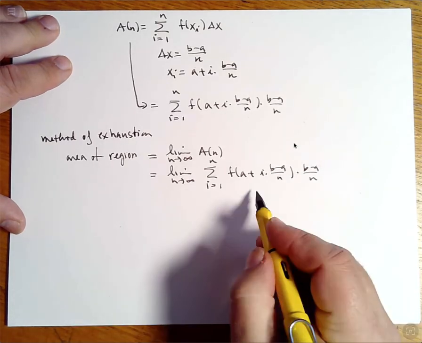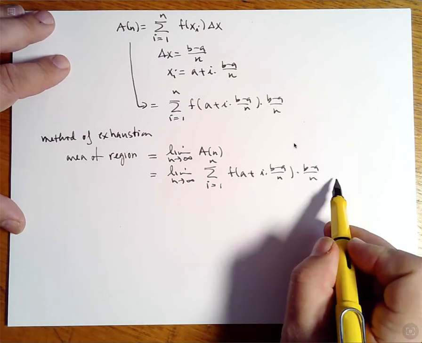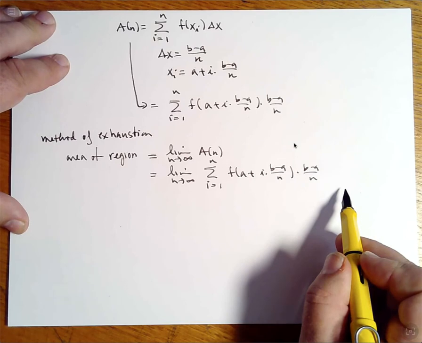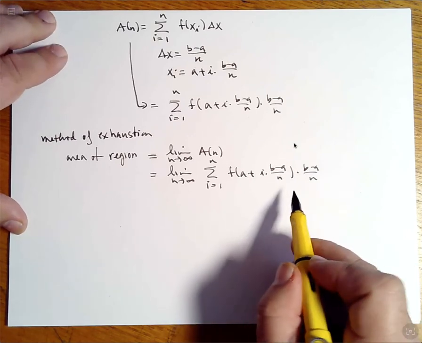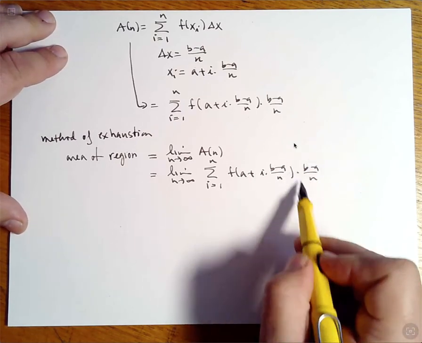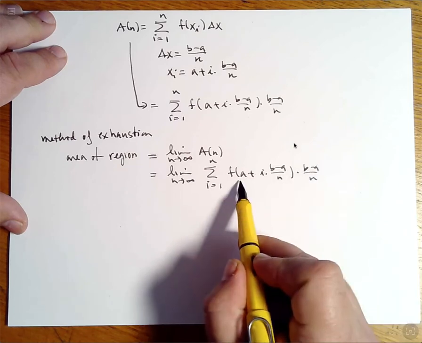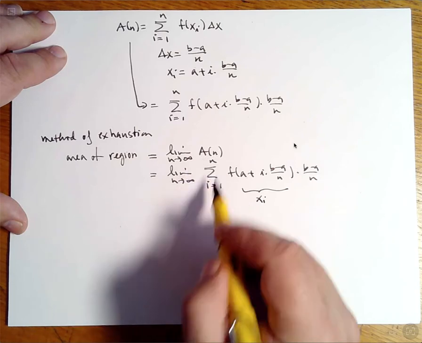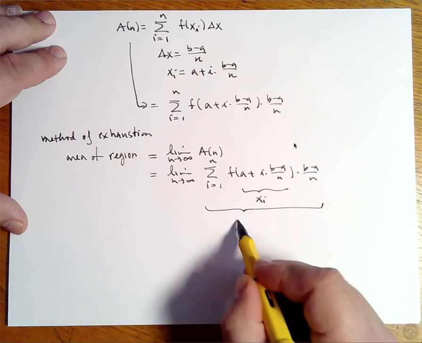And what I need you to know about this, right, this is pretty intimidating looking. But you know exactly what every piece means. You know what this delta x is. You know that this in here is just the x_i. You know that this summation right here is just an approximating area.